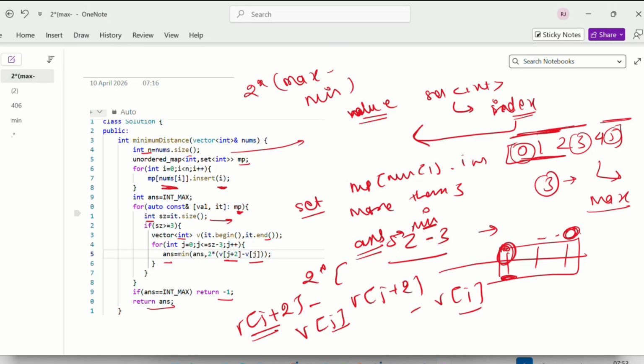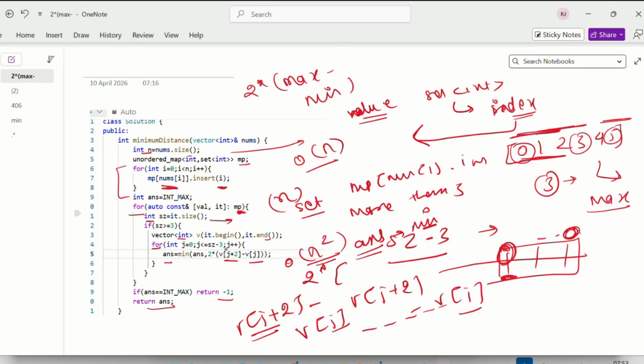In this case, if you can see, we have used one loop, so the time complexity is O(n). And here also we traverse through the map, and the map size can be at most n. If we combine this, somebody may say we have used two loops, so the time complexity will go up to O(n squared).